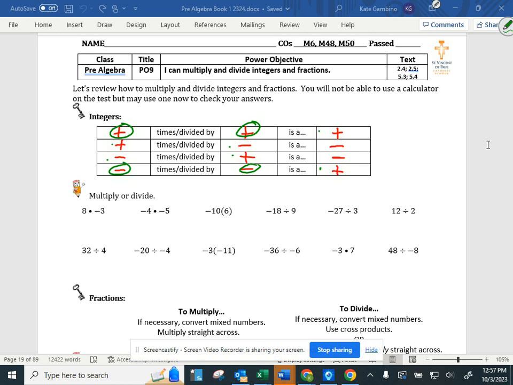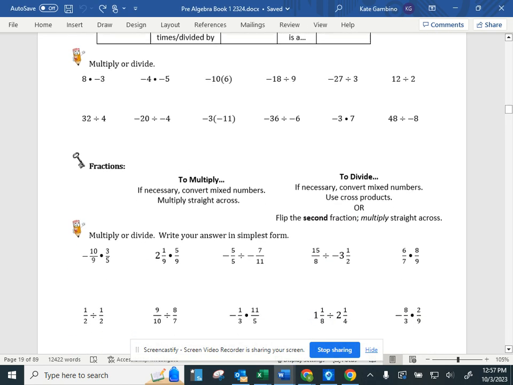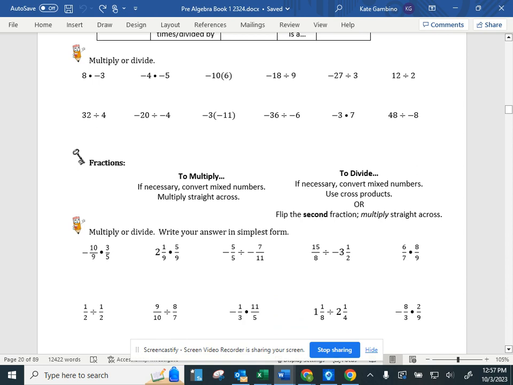So when we go to look at the problems that we're going to do, there are 2 things you have to do. First one is determine, is your answer going to be positive or is your answer going to be negative? Then you do the math. Okay, we know our math facts, but we have to determine, is our answer positive or negative first?